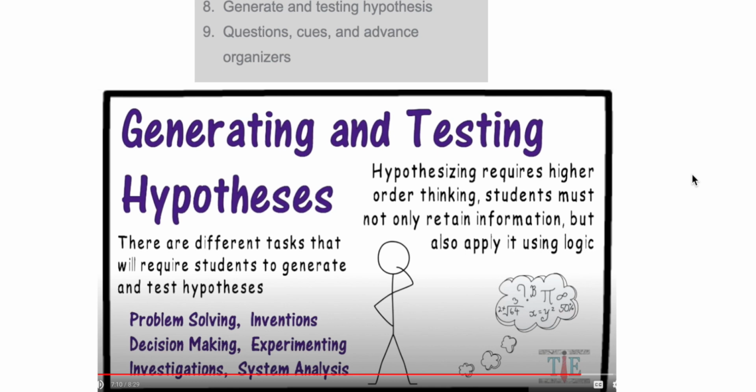If they are to make an invention of something, of course they need to. If they have to make a decision, yeah, of course, decision making is really, really hard thing to do. So having a hypothesis is going to help the student. Experimental investigations and system analysis are two other things.